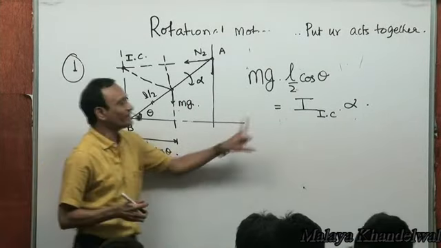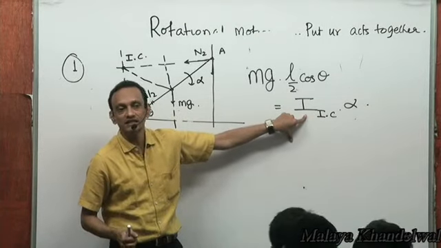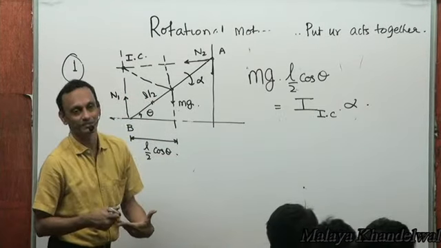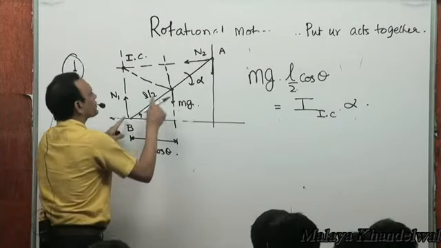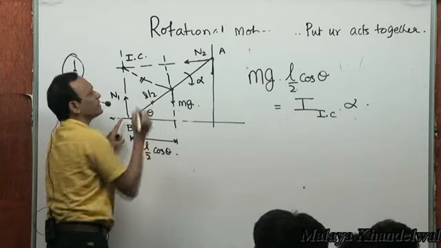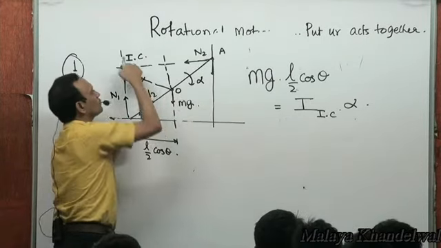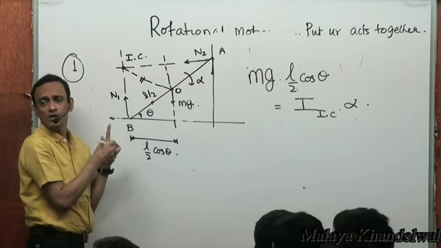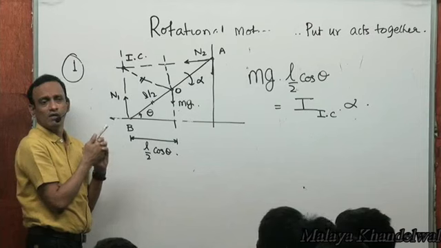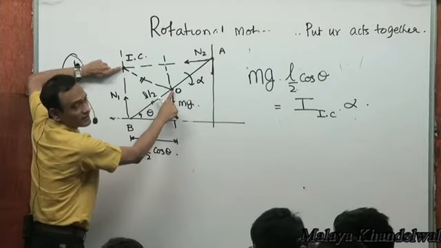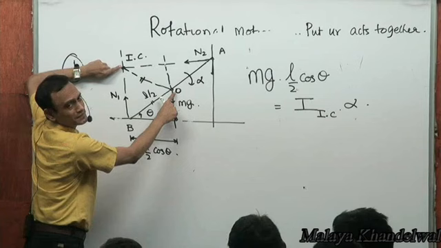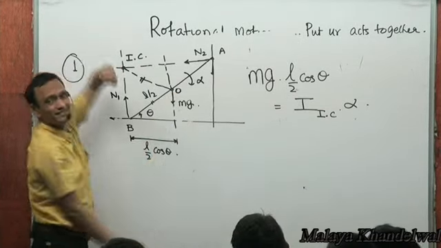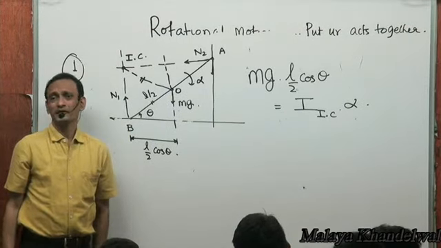Right? The only thing that we need to then handle is the moment of inertia about the instantaneous center. I'm going to use the parallel axis theorem, right? Hey, what would this length be, if this is the center of mass O? L by 2, yaar.